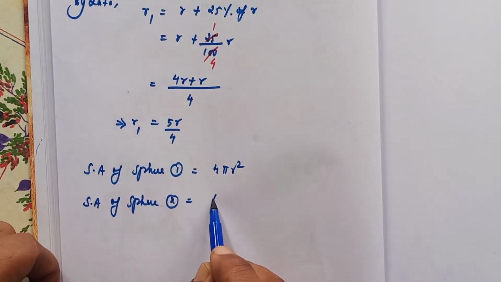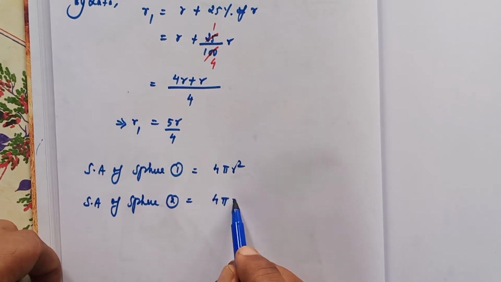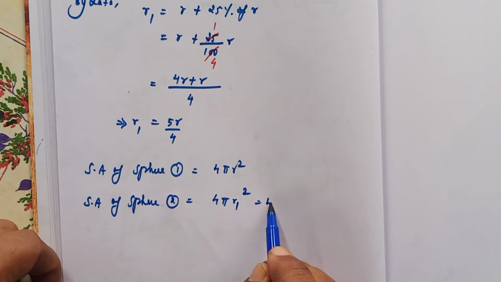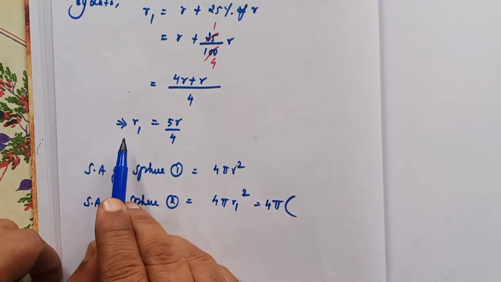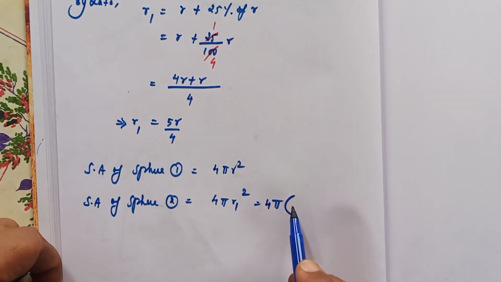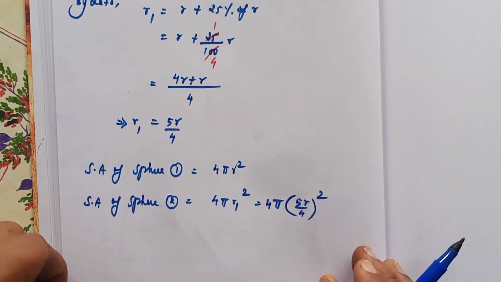That is equal to 4 pi. Here we consider the radius as r1. So r1 square. That is equal to 4 pi r1, that is equal to 5r by 4 for the second sphere. It can be replaced by 5r by 4 square.